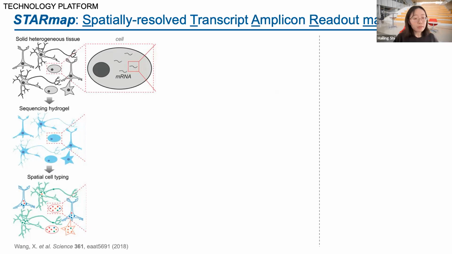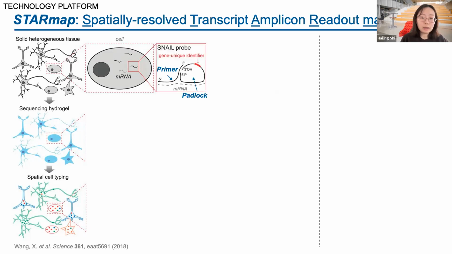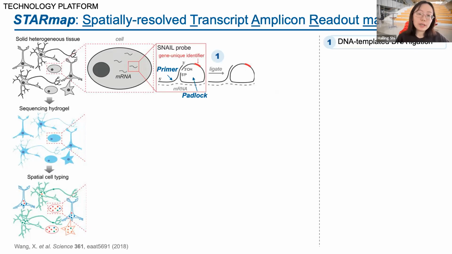So to do so, we designed a pair of probes we call SNAIL probes, composed of a primer and a padlock probe that anneal to adjacent sequences of a target RNA. And only when both probes anneal correctly, the primer can serve as a template for DNA ligation to circularize the padlock probe nearby.